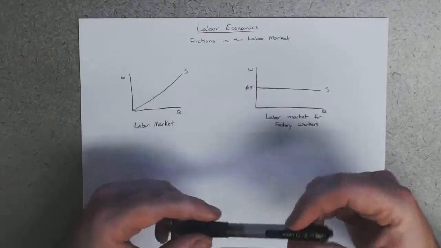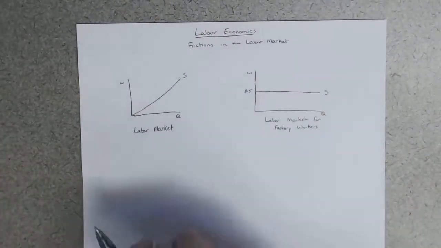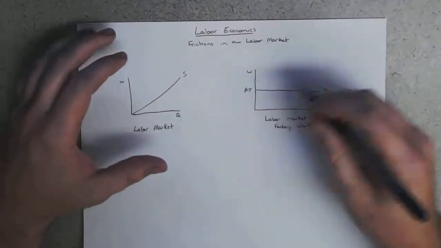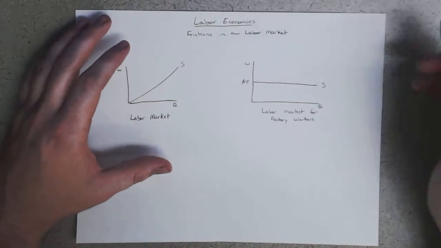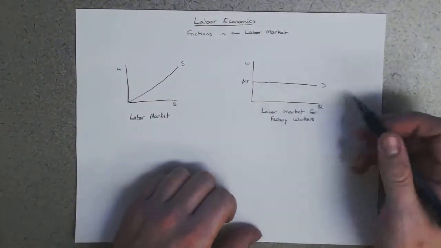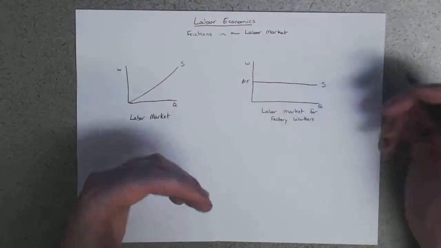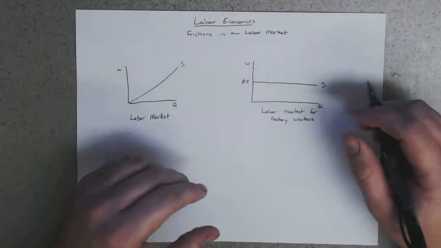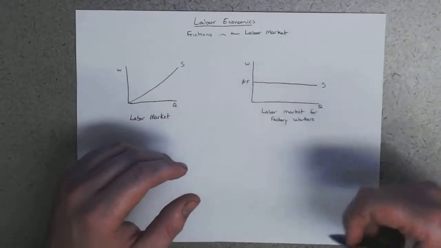And the idea here is that with 15 as the wage rate, workers have options. They have other options for employment. There's other places they can go. So the factory worker can maybe go work at Walmart, let's say. I'll just use a generic substitute, right?